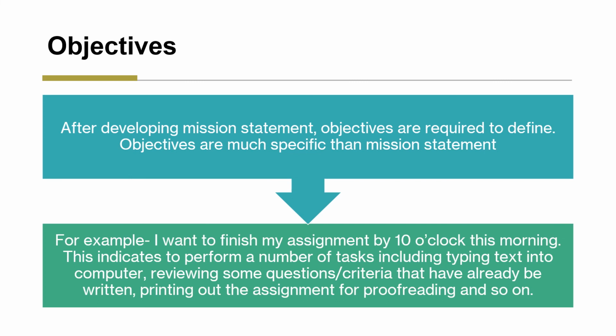So this indicates a number of tasks including typing text into a computer, reviewing some question criteria that have already been written, printing out the assignment for proofreading and so on. Okay, so this is your objective. Your objective is that you want to complete the assignment before or by 10 in the morning.